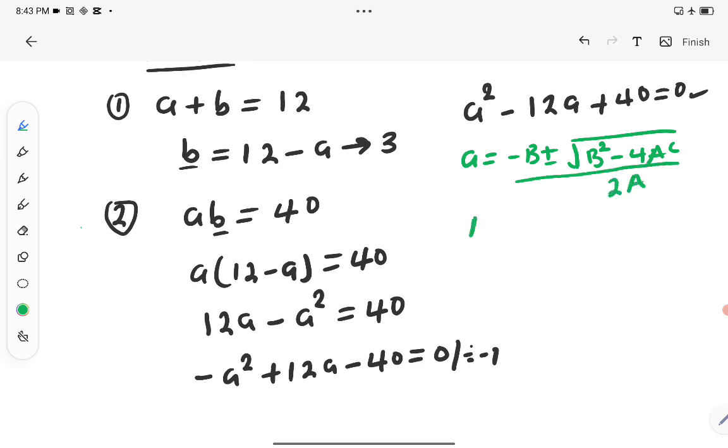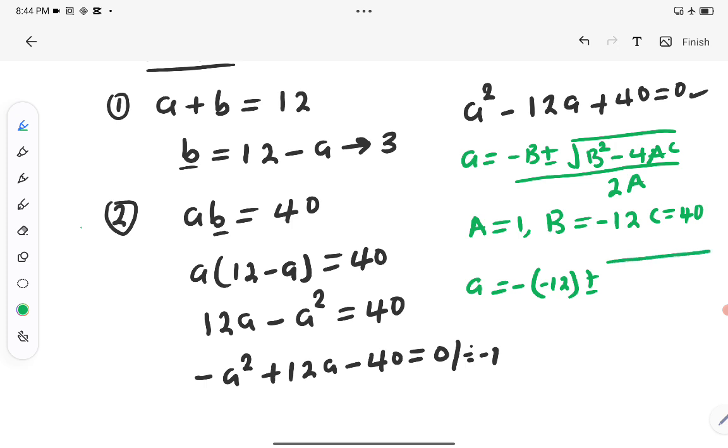And from this equation, A is equal to 1, B is equal to minus 12, C is equal to 40. Then A is equal to minus bracket minus 12 plus or minus square root of minus 12 square minus 4 multiplied by 1 multiplied by 40 over 2 multiplied by 1.